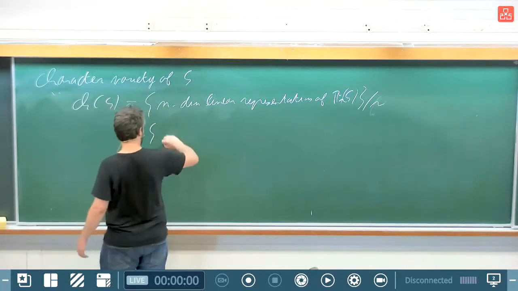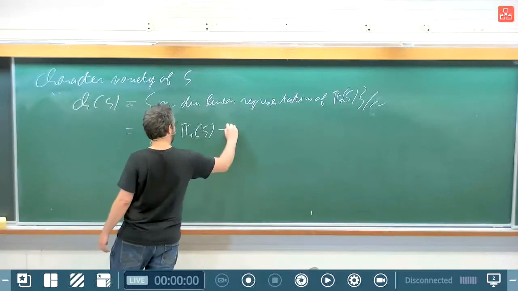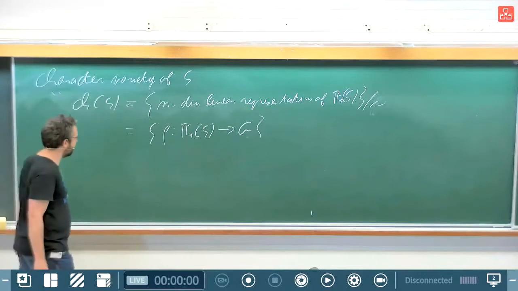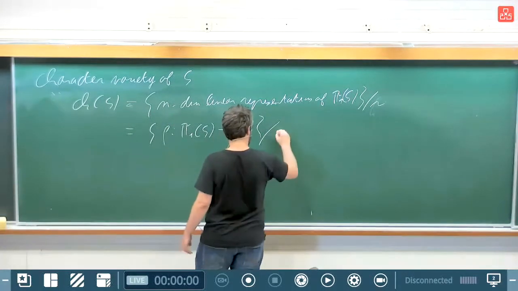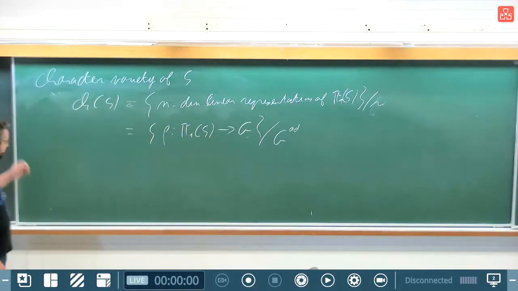That's the same thing as group morphisms from pi1 of S to G, where remember G is always GL of V, modulo the action of G by simultaneous conjugation.